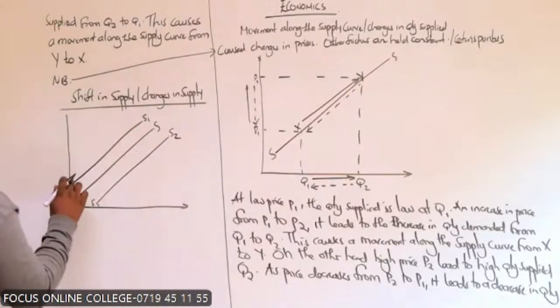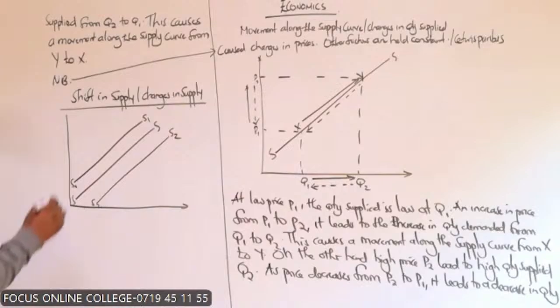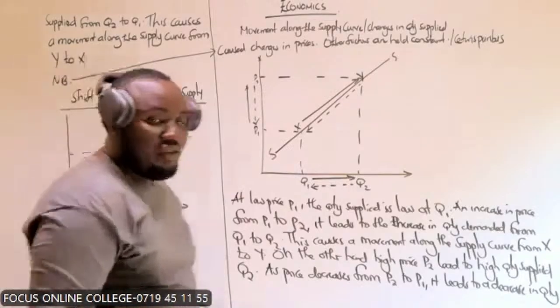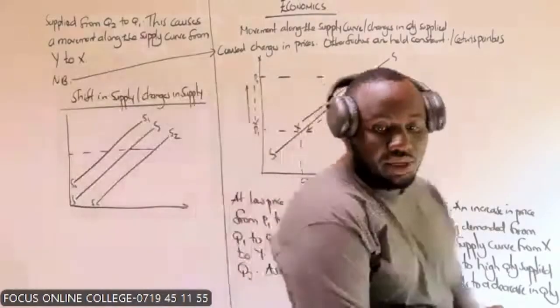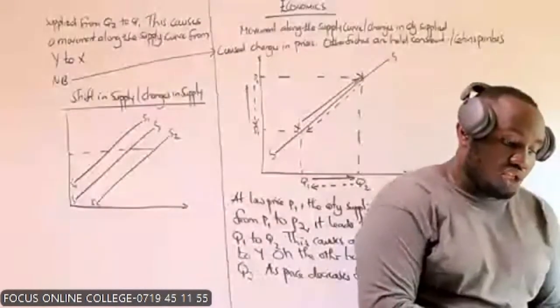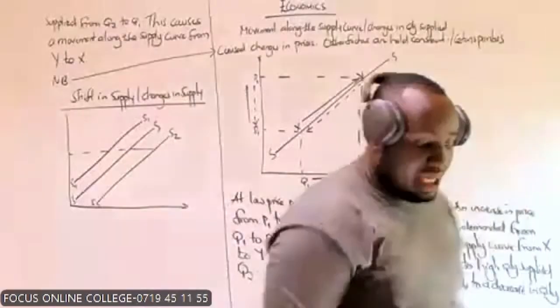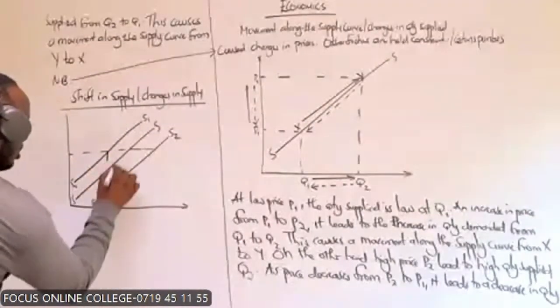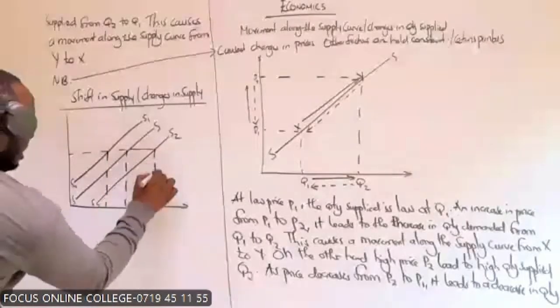So S1. Under this case, price remains constant. If you look at changes in supply, we definitely have what we call price remaining constant. This one is caused by other factors other than price.